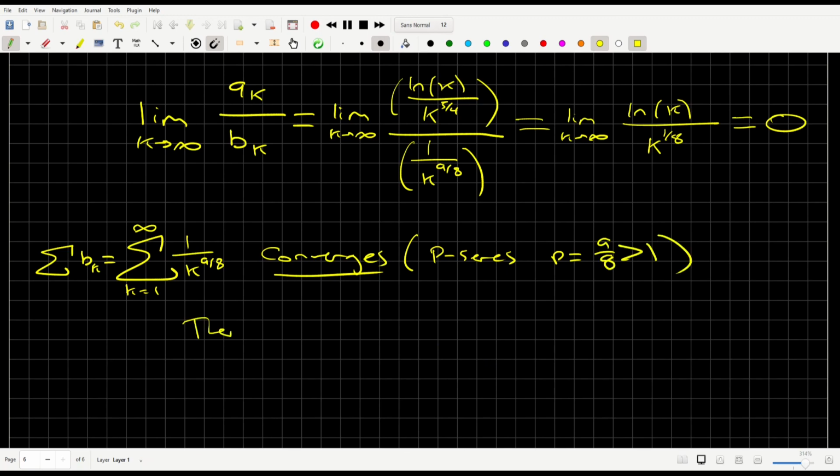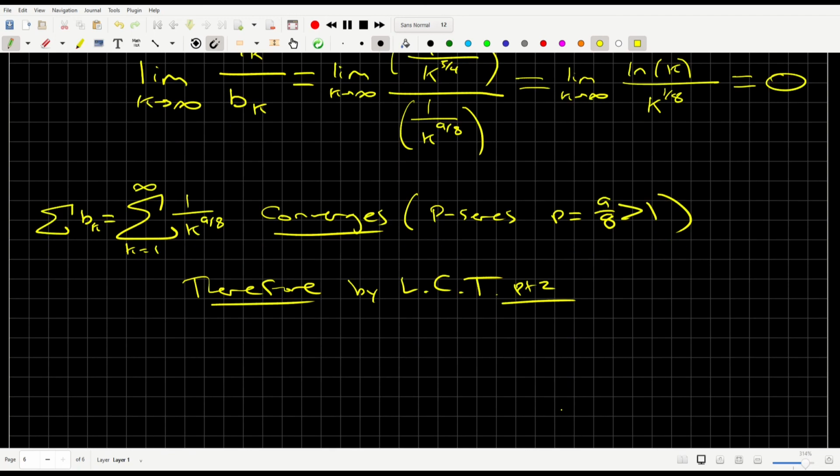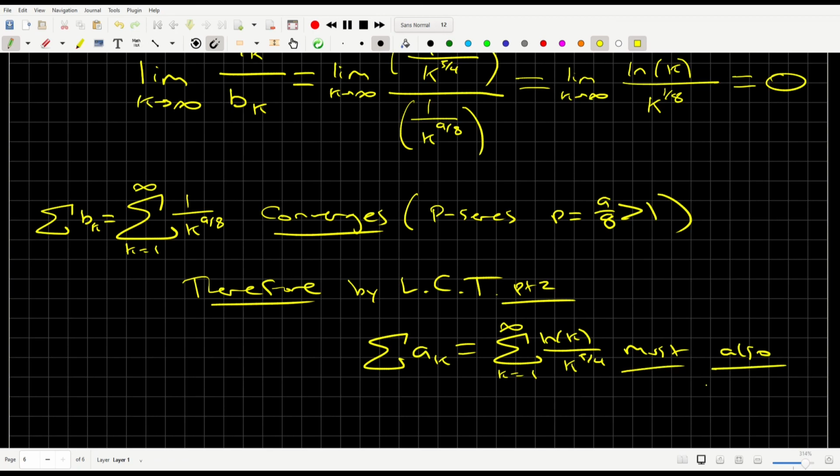So therefore, by the limit comparison theorem part 2, the sum of our a_k's, which is the sum from k equals 1 to infinity of natural log of k over k to the 5/4, must also converge.